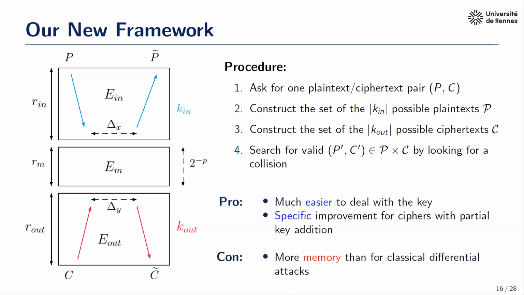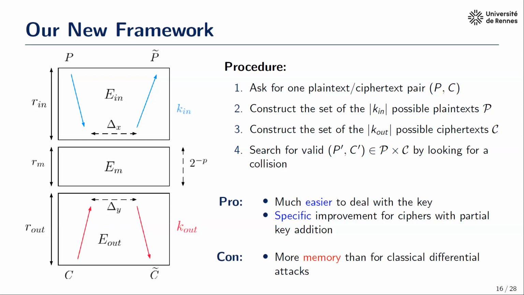We call this new framework differential meet-in-the-middle attack. If we compare it to a classical differential attack, first, it will probably require more memory. Differential meet-in-the-middle attacks require more memory than classical differential attacks, because for differential attacks you usually generate all the pairs you need on the fly. You just have the data, and then you look for collisions or matches in the data.